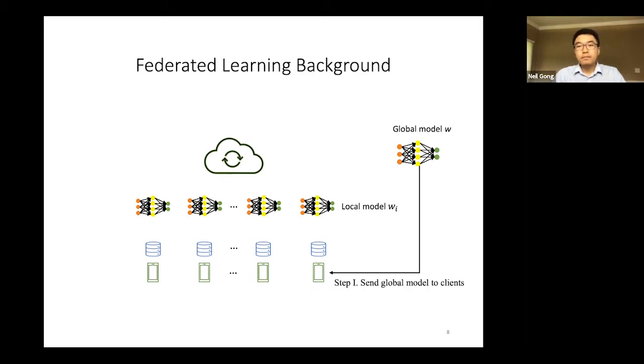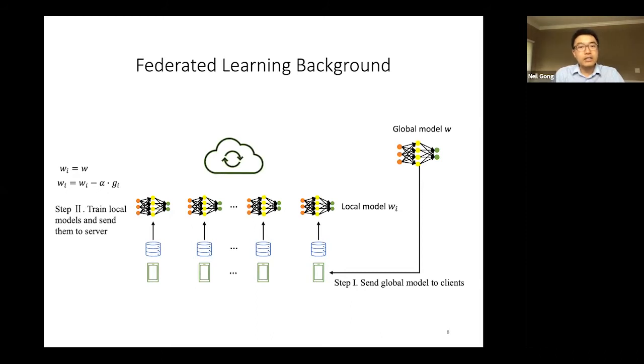In step 1, the server sends the current global model to the clients or a subset of them. In step 2, the clients train their local models based on the current global model and their local data. For example, client i may initialize its local model Wi as the current global model W. And then client i uses stochastic gradient descent to update its local model Wi.